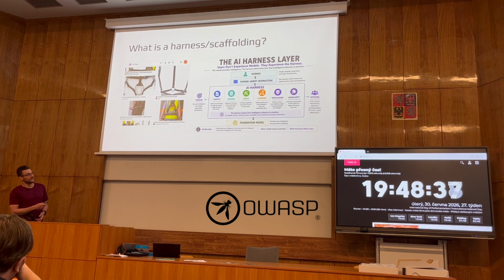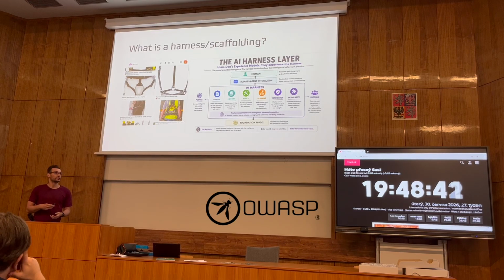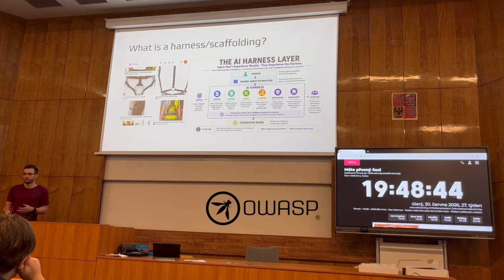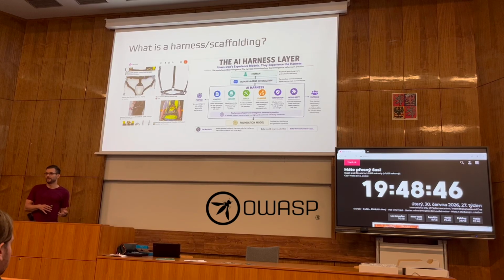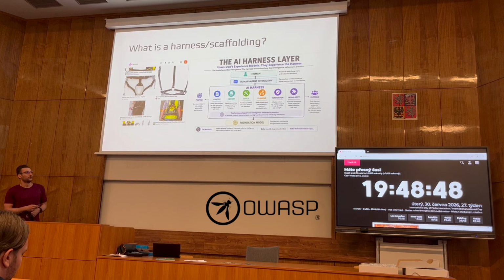And on top of that, you have the harness, and that is how you manage the context, how you provide or don't provide memory to the model, how you give access to use tools, to verify the results, etc. So all of that is considered a harness or scaffolding.